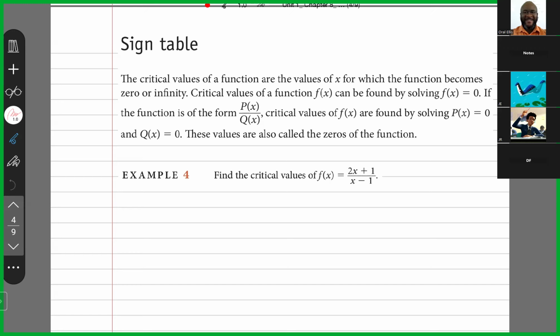In other words, if your function is a rational fraction, you would put the numerator equal to 0 and solve for x, and put the denominator equal to 0 and solve for x in order to obtain the critical values.